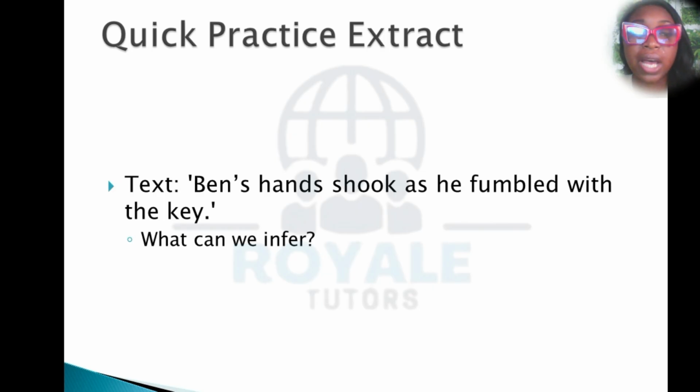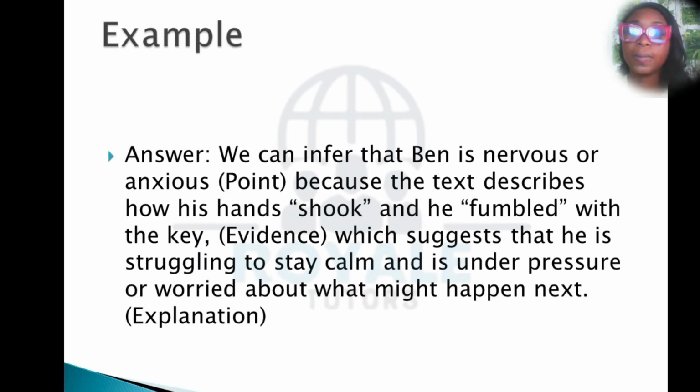Okay, let's look at one more example. Ben's hands shook as he fumbled with the key. Now, we used this earlier in one of the examples, so we just want to give it a better answer here using the PEE method. So Ben's hands shook as he fumbled with the key. What can we infer? We can infer that Ben is nervous or anxious.